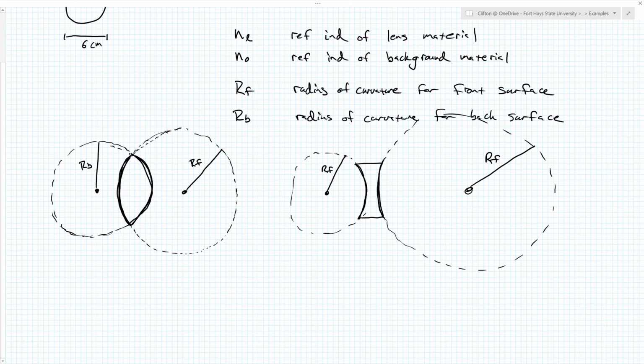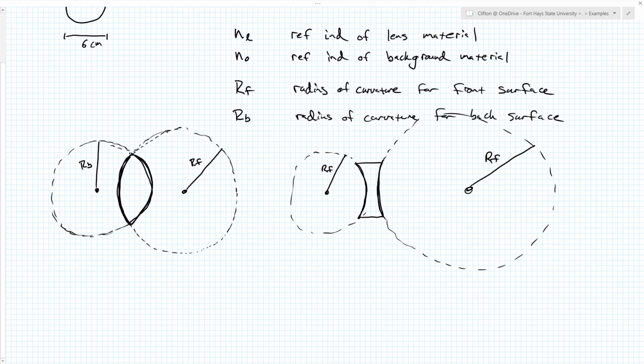Now, the rule for whether or not the radius of curvature is positive or negative is basically this. Start off by, we can always assume that light is coming in from the left. So we start off by looking at our lens here, and then I'm going to say that light rays are coming in from the left.